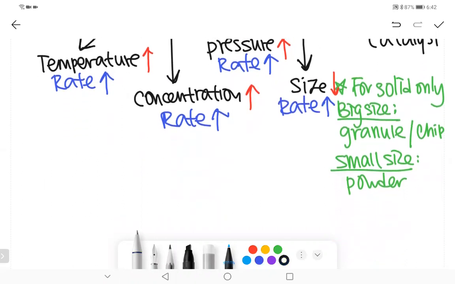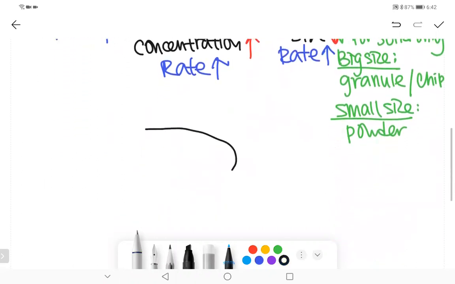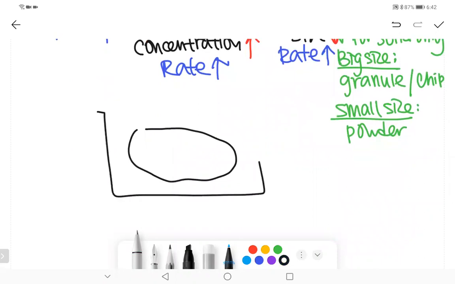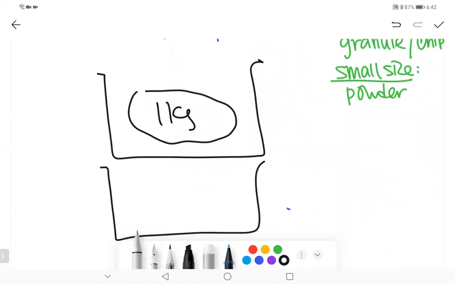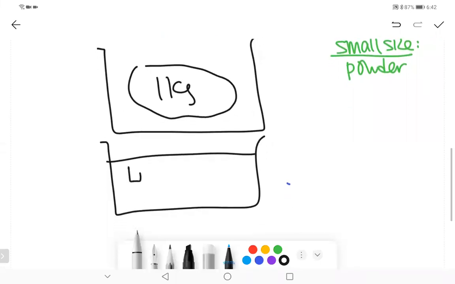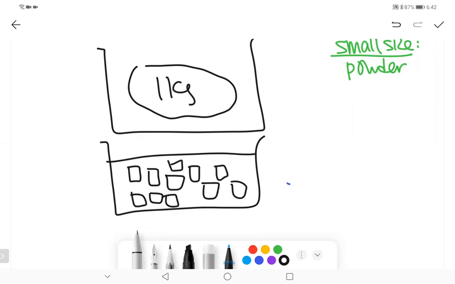Okay, imagine this. Let's say now we have one potato, 1 kilogram of potato. You cook it whole, directly. Compared to the 1 kilogram of potato that you cut into smaller cubes. Still 1 kilo, but cut into smaller pieces.